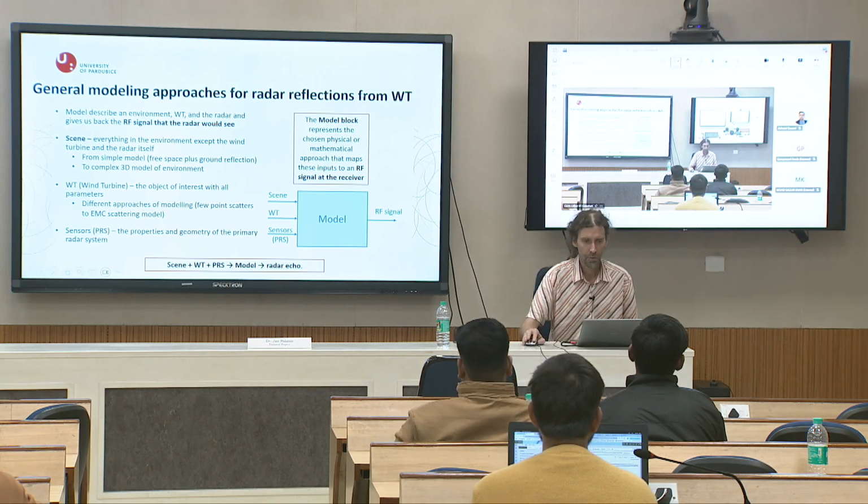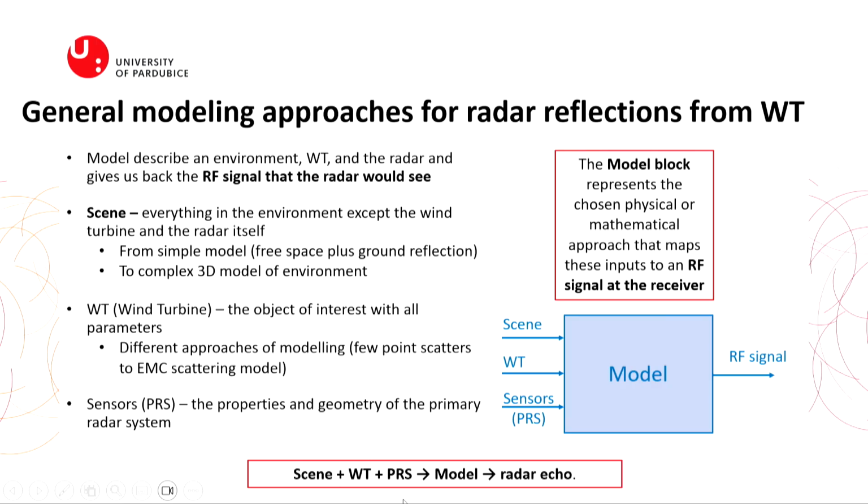So the first input is the scene, wind turbines, radar, then we put everything into the model and we get the radar echo, the reflected signals. It is a reflected signal, so it is in the time domain. What you can see on an oscilloscope is a time domain signal. But for visualization, we take these signals and compute the Fourier transform and spectrogram, so spectrum and spectrogram.